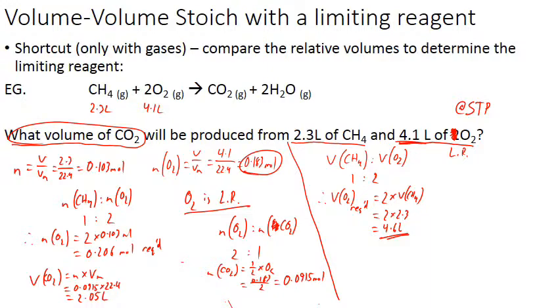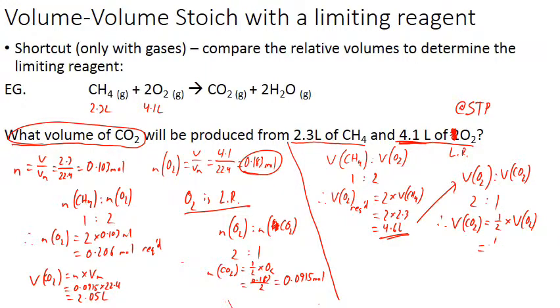Armed with that knowledge, we can then go to our next step where we compare the volume of O2 to the volume of CO2, okay, which is a 2-to-1 ratio. So therefore, the volume of CO2 must be equal to 1/2 the volume of O2.